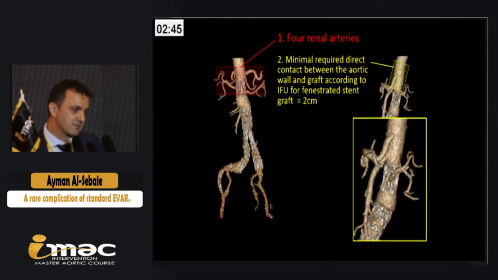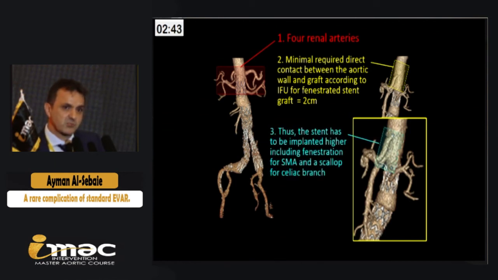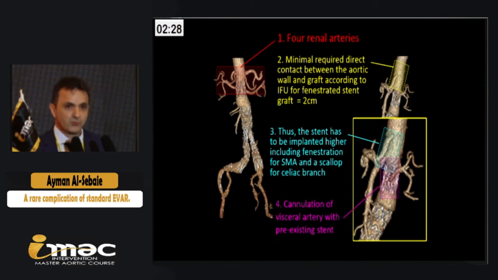Having said this, the graft has to start above the celiac trunk. So we need 4 fenestrations for renal arteries, 1 fenestration for the SMA, and a scallop. And we have bare metal in front of the renal arteries, which will make the cannulation even more difficult.